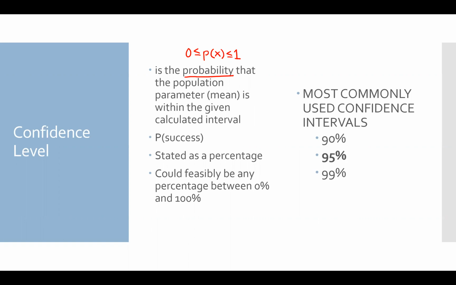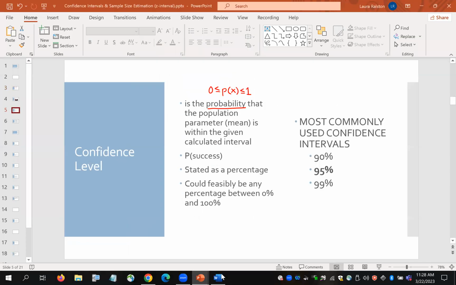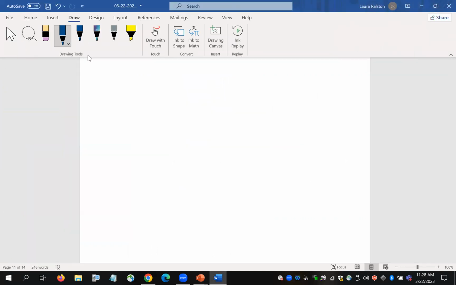Now, I want to pause here for a minute. I'm going back over here to my paper for a second. Okay, so our probability of success, which basically means that I've hit the target or that I'm right, that my value for the population mean is in the interval that we've calculated, is called the confidence level.